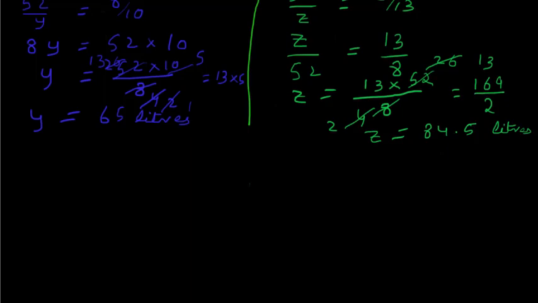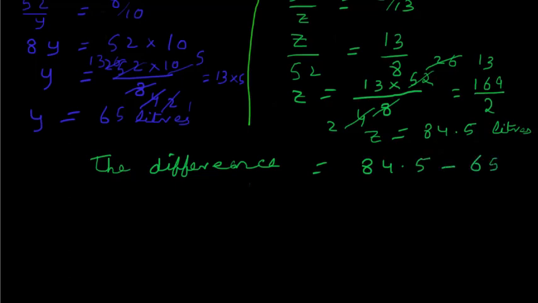So the difference is 84.5 minus 65 liters. The unit is liters here as well as here. So when I get this, it's 19.5 liters. So yes, we did it. The difference with both methods, the answer is 19.5.